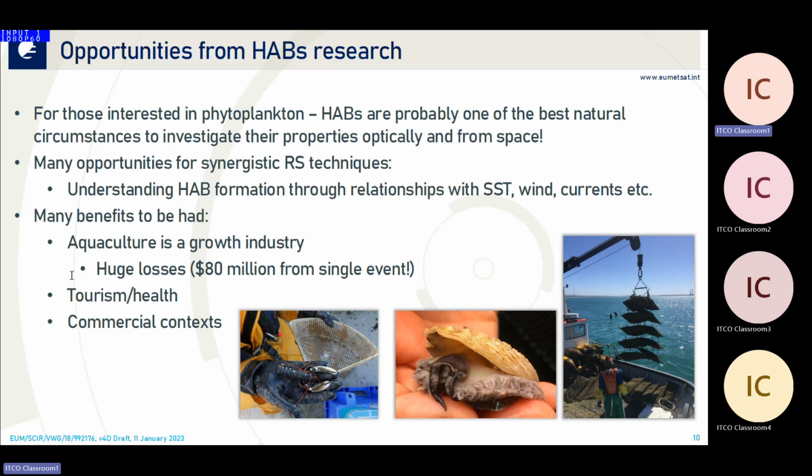We are more and more people on this planet, and we are going to rely more and more on aquaculture. And this is a reality, it's already happening. One of these HABs events can cause a lot of damage to this industry. There was a case a few years ago in Chile with huge losses, up to 80 million dollars lost from a single HABs event.